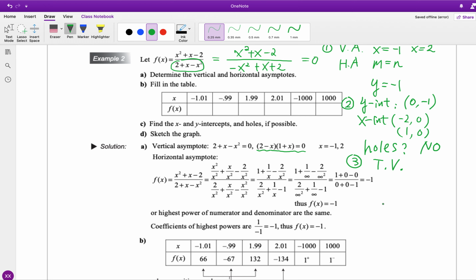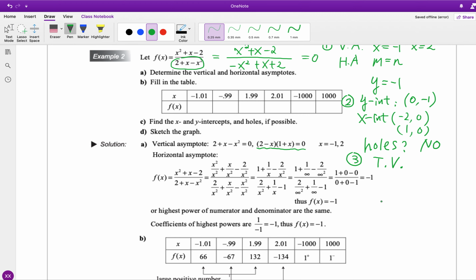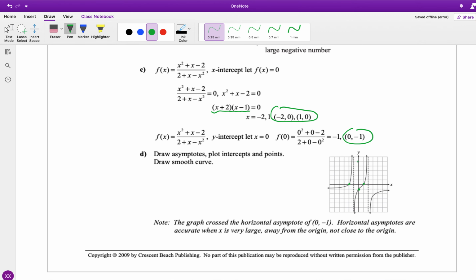We talked about the table of values. Now, first of all, you always want to see the values on either side of your asymptote. So here we can see we have asymptotes at negative 1 and positive 2. We always want to see when the x value is approaching from the left and from the right. That means approaching -1 from the left-hand side and -1 from the positive side.